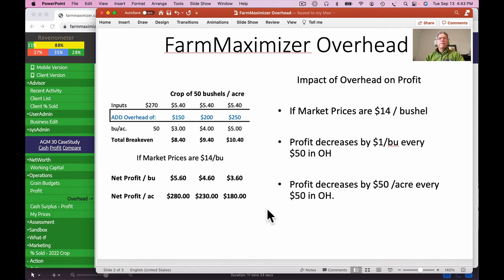Overhead is sometimes referred to as a fixed cost because many of the costs don't change from year to year. For example, accountant fees, farm insurance, office expenses, year over year, they're about the same. Sometimes fuel and repairs are not thought of as overhead because adding acres adds to the expense. But I include them as overhead because they don't increase costs on a per acre basis like inputs do.